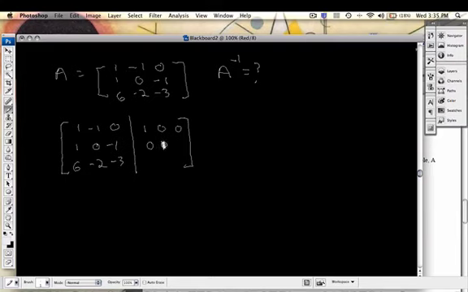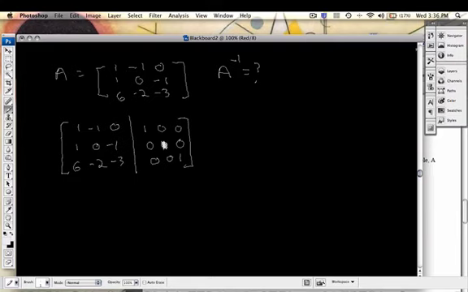It should be a 1, of course. Yeah, that should be a 1. Now the goal is to put this in reduced row echelon form. In other words, I want to get the identity matrix on the left.